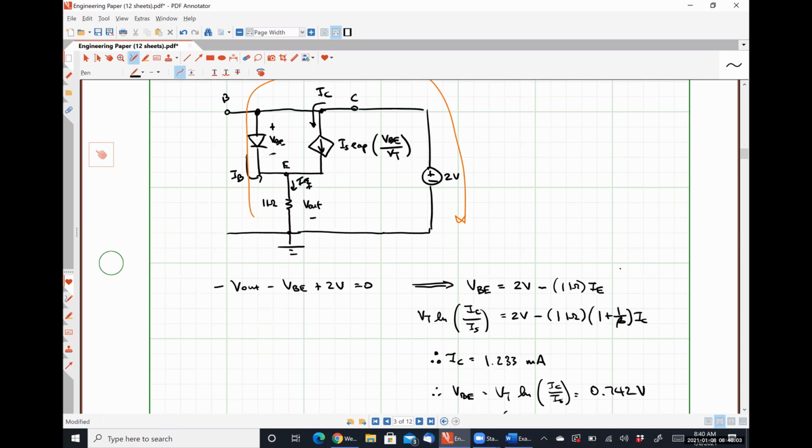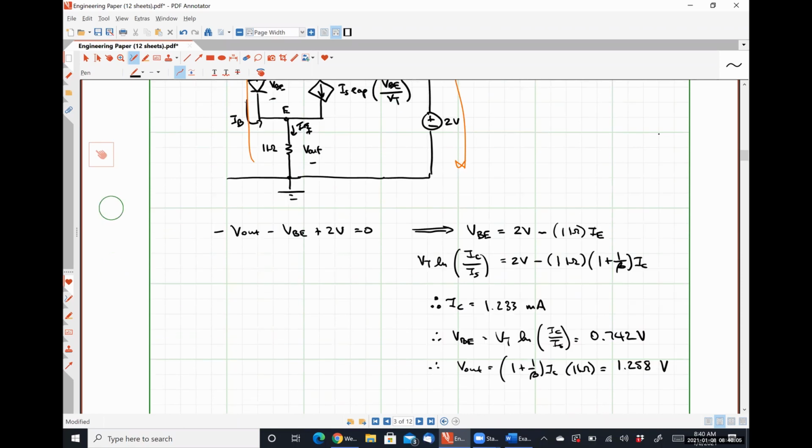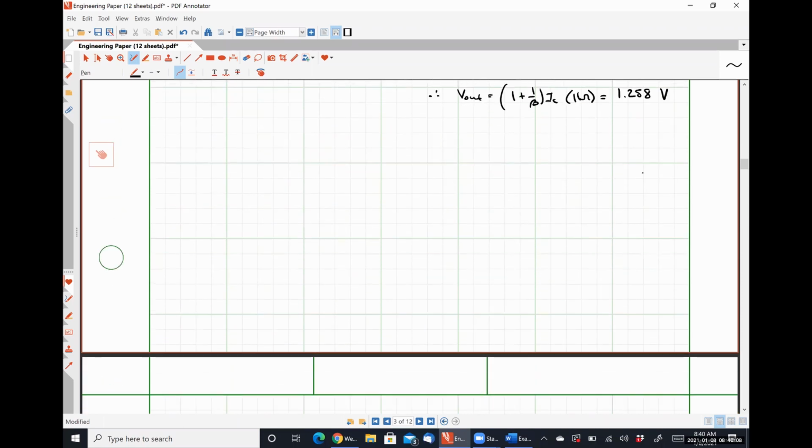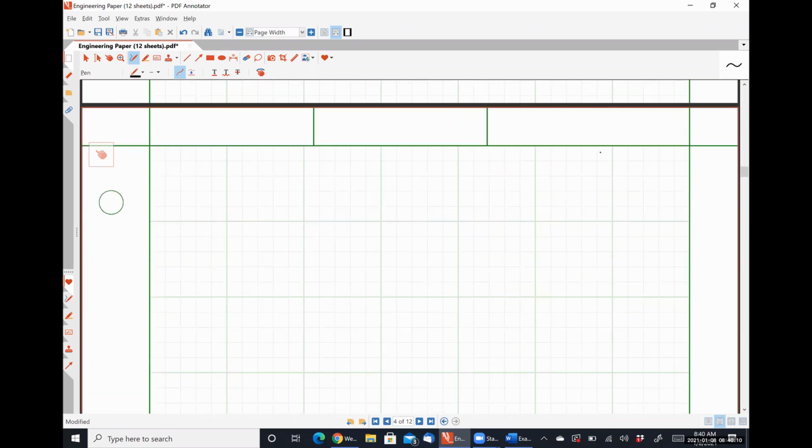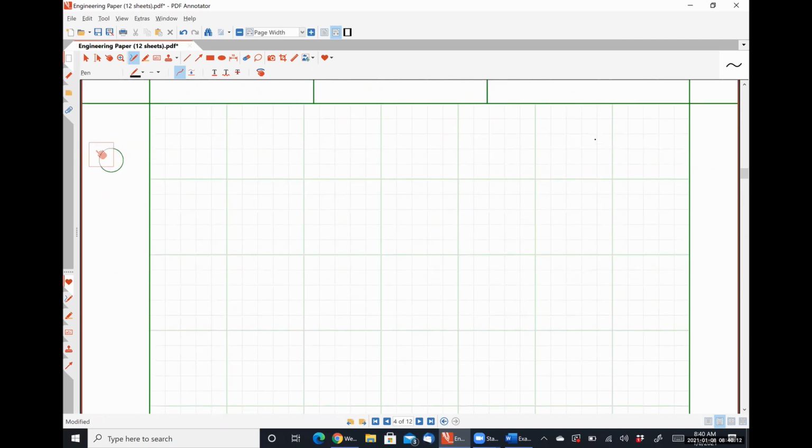All right. So let's move along to another page. Let's talk about the current voltage characteristics for BJTs then. So I/V curves.